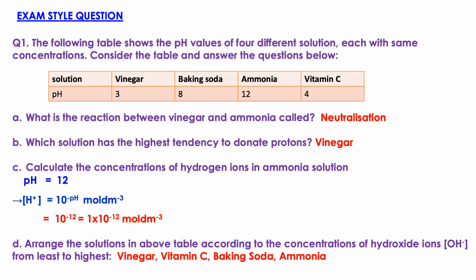After that is baking soda, which has a pH 8. The lowest hydroxide ion concentration is of vinegar, which has the lowest pH. So the order is vinegar, followed by vitamin C, baking soda, and ammonia.